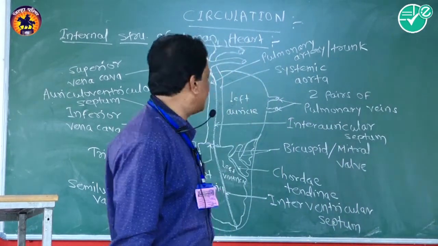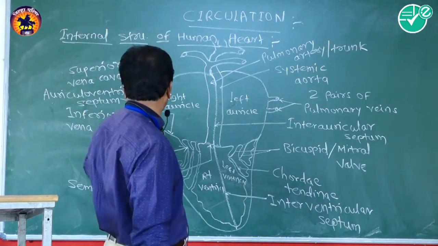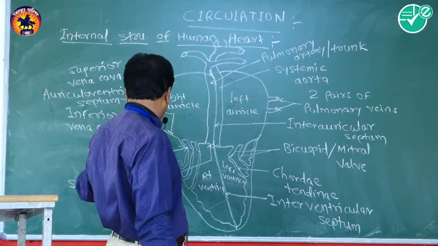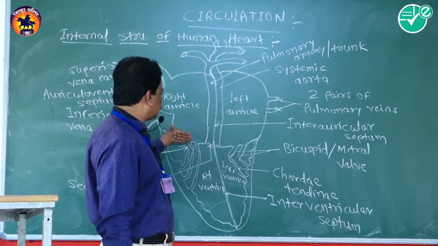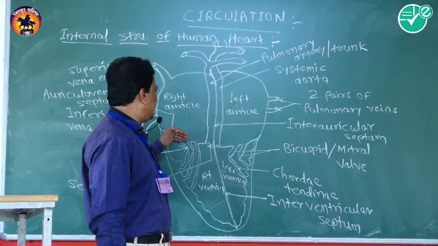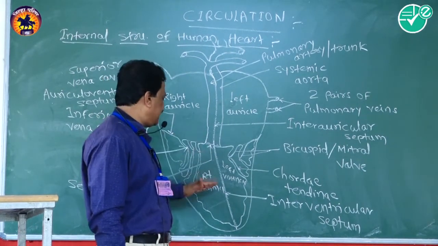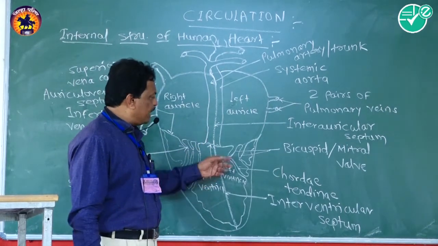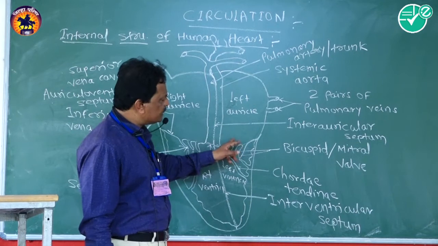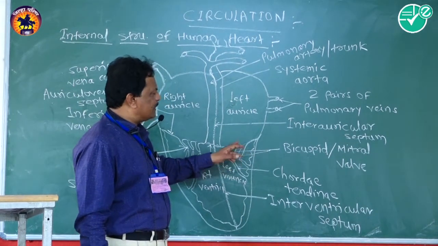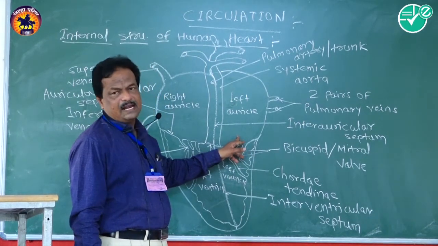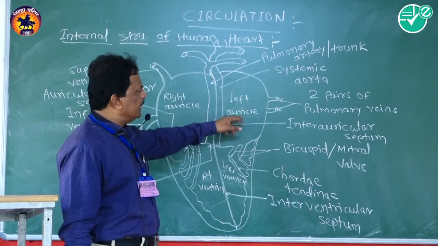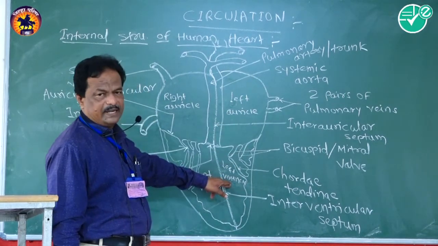three AV walls, or tricuspid valves, are present, and these tricuspid valves are present in the AV septum between the right auricle and right ventricle. And just like that, two walls are present on the left side of the heart between the left auricle and left ventricle.